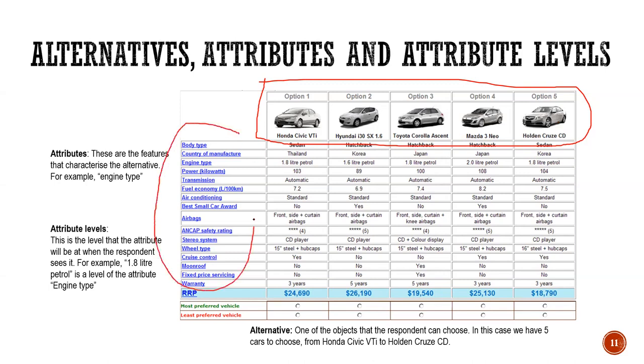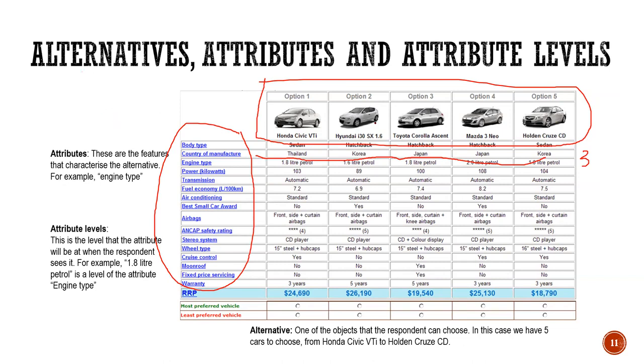For example, body type is an attribute, and country of manufacturing is an attribute, and country of manufacturing has different levels, which are given here. For example, the countries of manufacturing are Thailand, Korea, and Japan. So there are 3 levels to the country of manufacturing. You can take a look at all of the attributes and see how many unique levels there are.